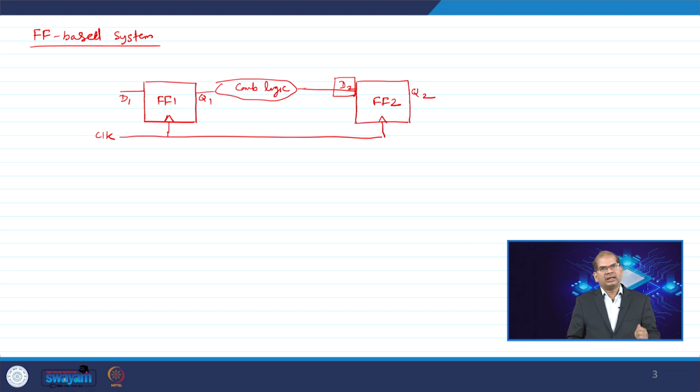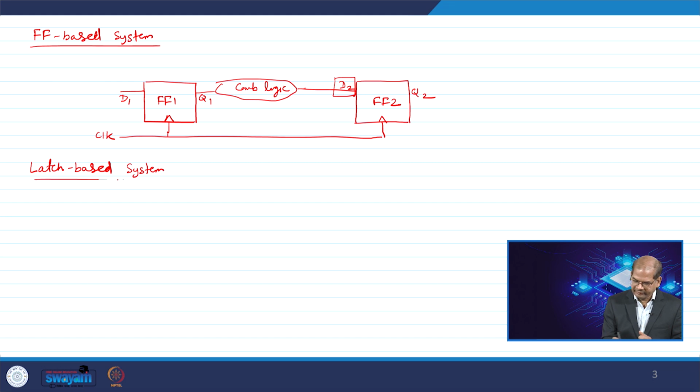So, how can that be solved with a latch based system? Let us say this is latch 1 and this is latch 2.